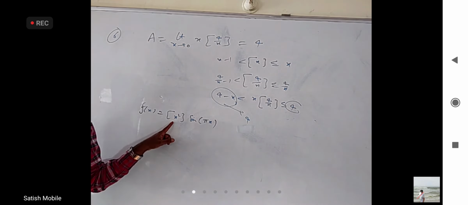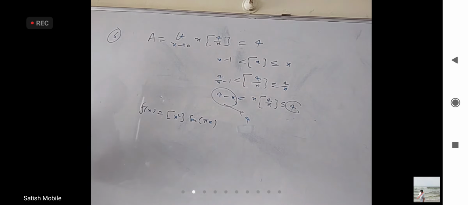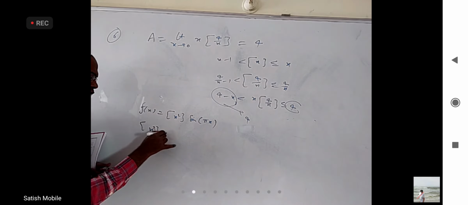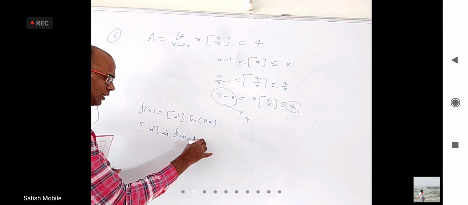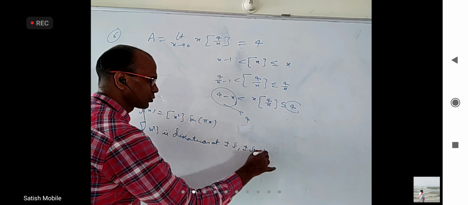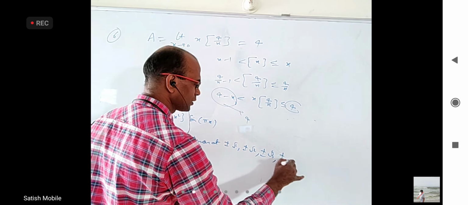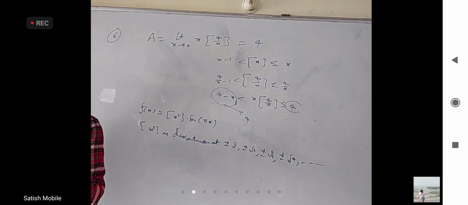This alone is discontinuous whenever x square becomes integer. Integer part of x square is discontinuous at plus or minus root 1, plus or minus root 2, plus or minus root 3, plus or minus root 4, and so on. You take any square root of an integer, plus or minus, except 0.